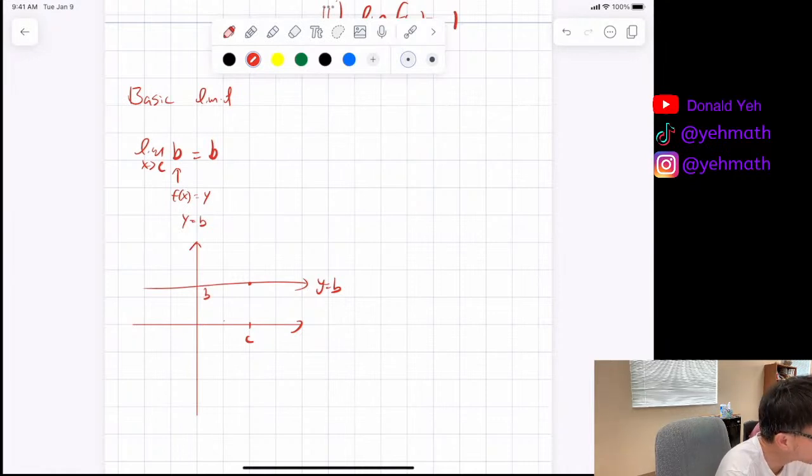Now c and b are both constants. This is the first basic limit. Second, what happens to the limit as x approaches c of x? Minus 5 divided by x?